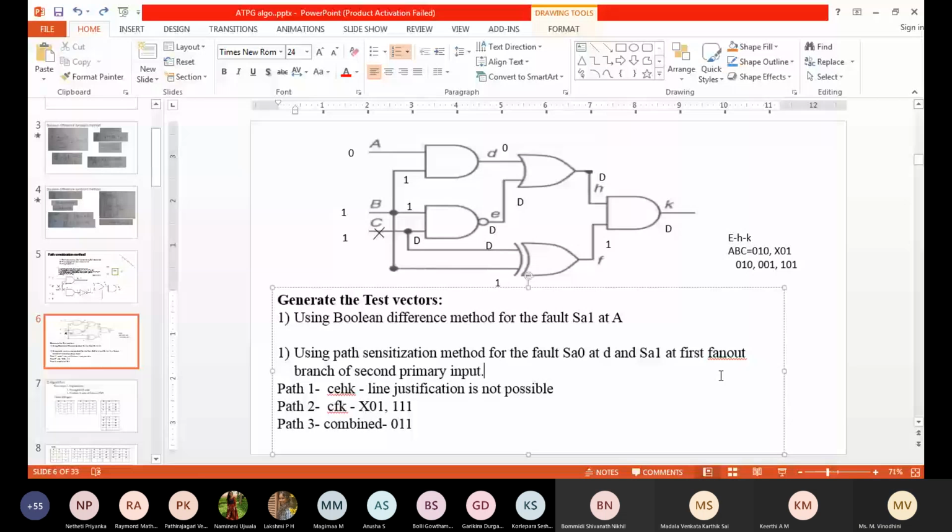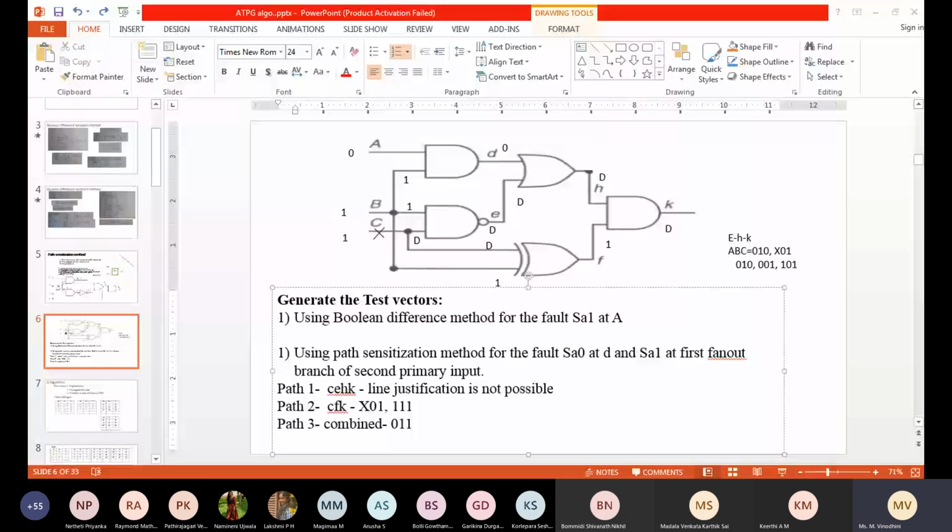No answer. Yesterday I was discussing about this. You cannot consider multiple faults at a time and get a test vector. It is not possible. In all the ATPG algorithms, however many faults they give you, you have to consider the faults one by one.